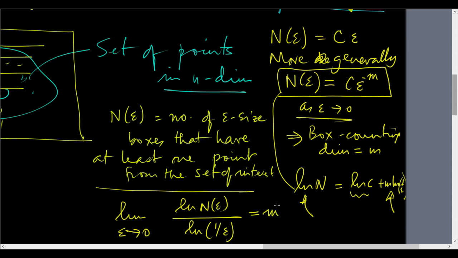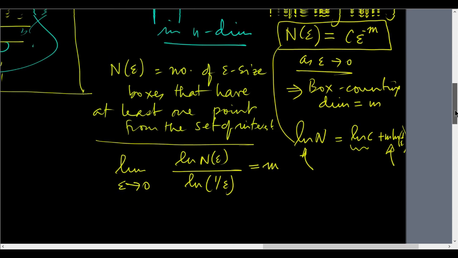Now when you carry out this calculation with a computed set where there is a finite number of points, eventually your calculation will saturate because of data limitations, but before that you will get a nice scaling region. Okay, so that is the box counting dimension.